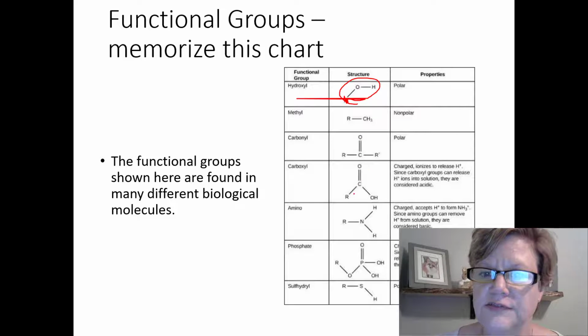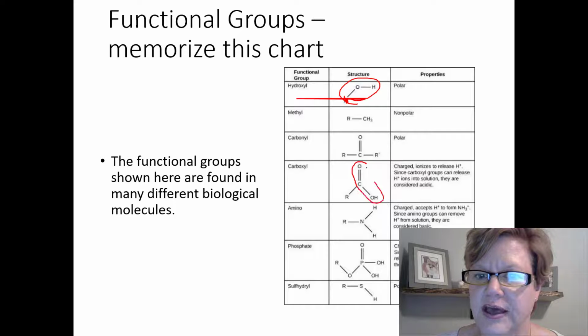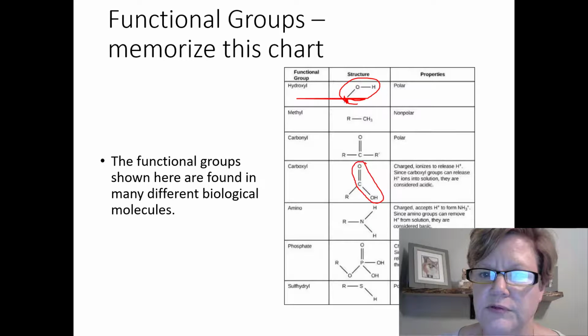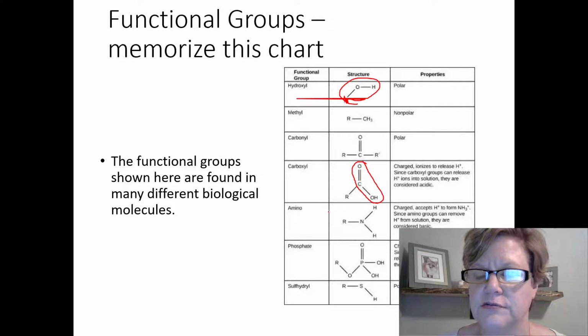Carboxyl is kind of similar to carbonyl, except it specifically has a C double bonded to an O, and then off of the C also a hydroxyl group. But we call the whole unit carboxyl. But functionally, it's really like a carbonyl combined with a hydroxyl. But when you see the whole unit, we refer to the whole unit as carboxyl.